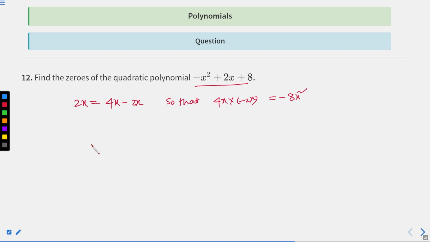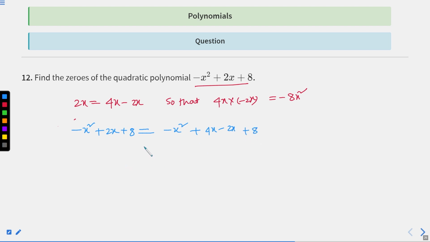Okay, so minus x squared plus 2x plus 8 can be written as minus x squared plus 4x minus 2x plus 8.